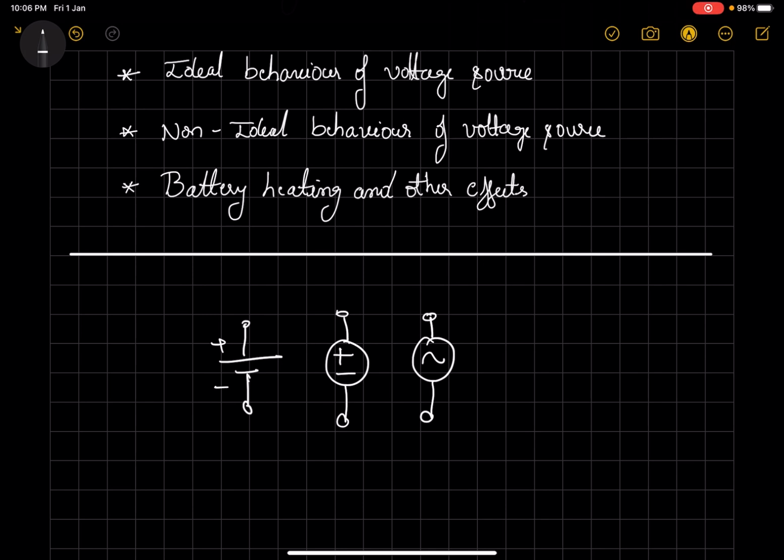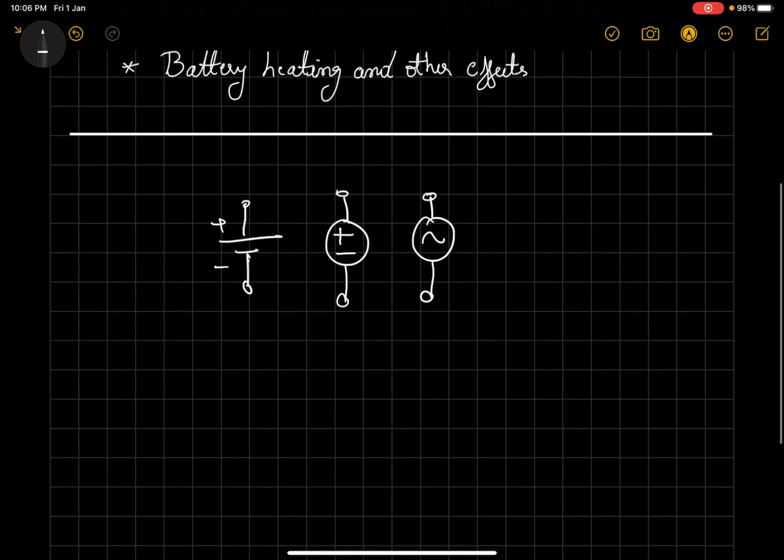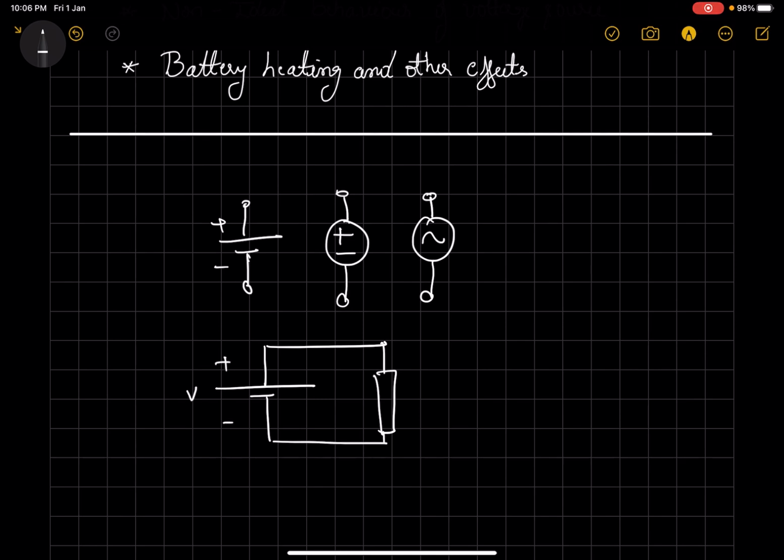So all of this represents a battery itself, and a practical circuit may look like this. A battery with a certain voltage V connected to a load. This load can be any device, including your mobile, remote, or any other circuitry.